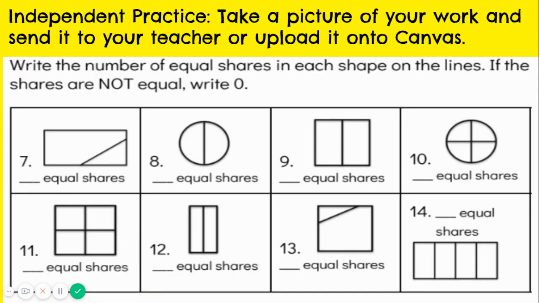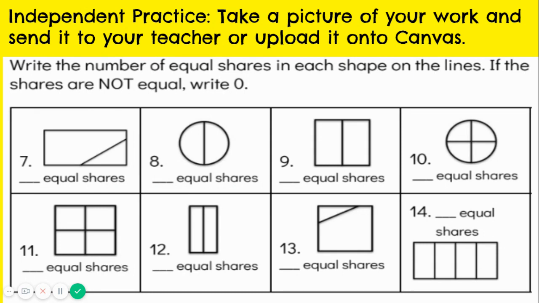All right, your turn. If you have the packet, you can turn to page 7 of the packet, day 41, and write your answers on the lines. If you do not have the packet, you can just number your paper from 7 to 14 and write the answers beside each number.